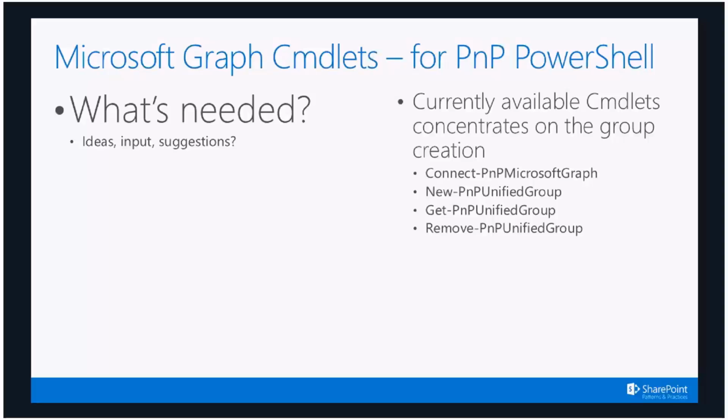But if there are any good suggestions, like it would be super cool if I could use PowerShell or the core component or managed code to do X and Y and Z against these endpoints in Microsoft Graph, just let us know, for example, in GitHub, because we can make that really easy. For example, creating a new PnP unified group is a simple method in the core component, rather than you needing to hit the Graph REST endpoints and all of that. So if you're using managed code or PowerShell, it's super easy to do. And that's what PnP is trying to do, help people.